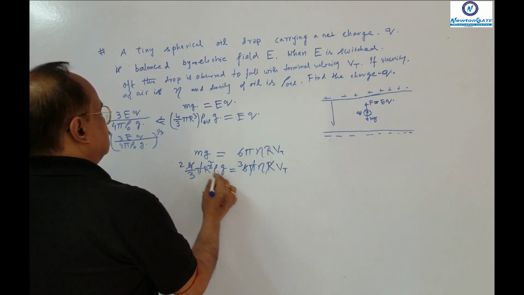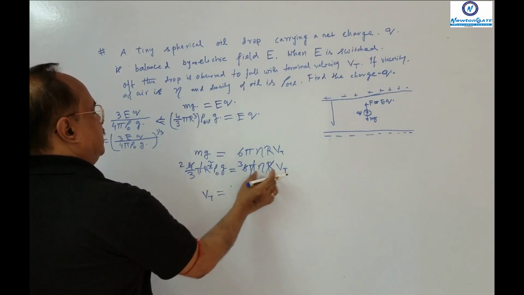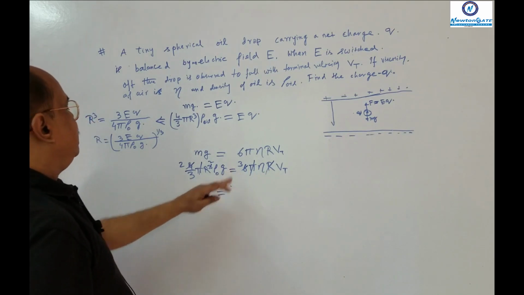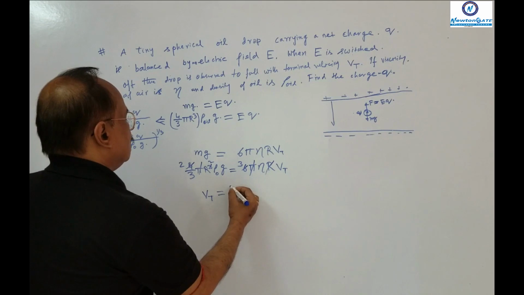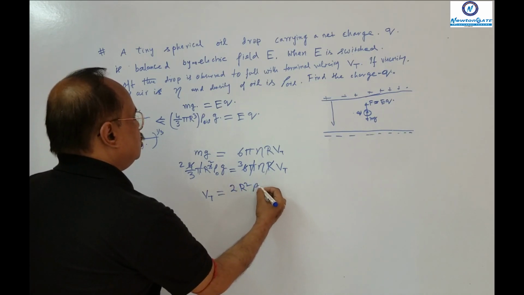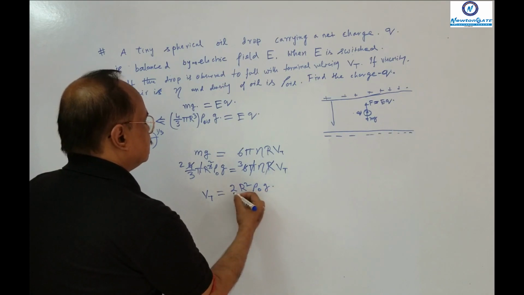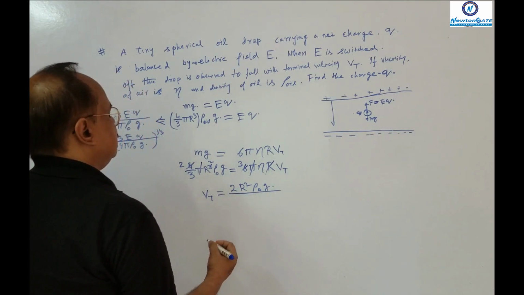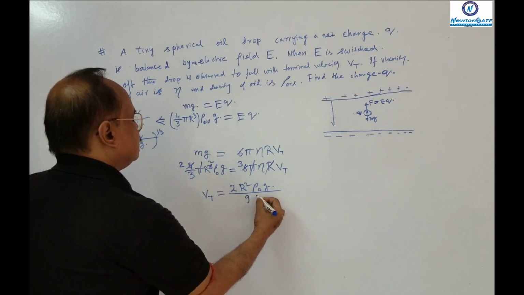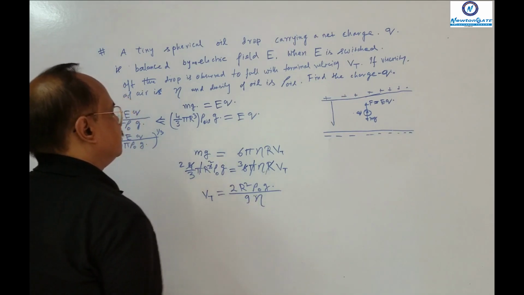So if I keep this Vt here and bring the rest of the things over, I will have 2r square into rho naught into g divided by 9 into eta.